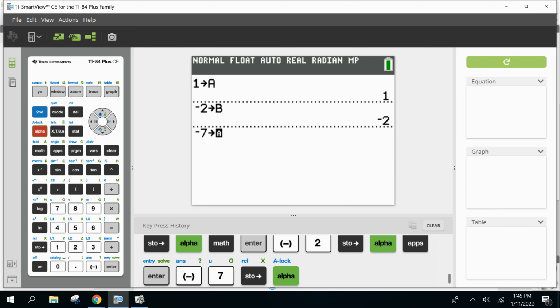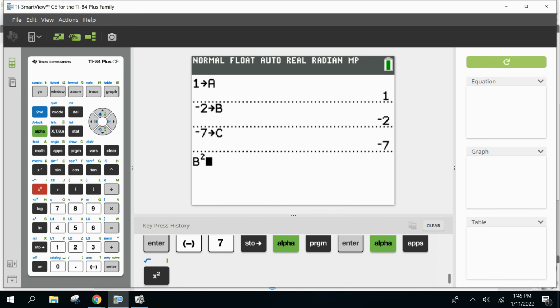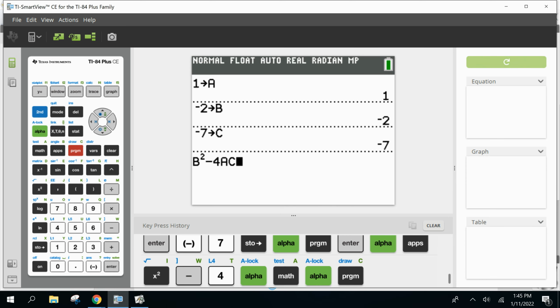Store in for C. And now let the calculator do the work. What's the value of B squared minus 4AC? And what number am I going to put under this radical? 32. You will never get it wrong.